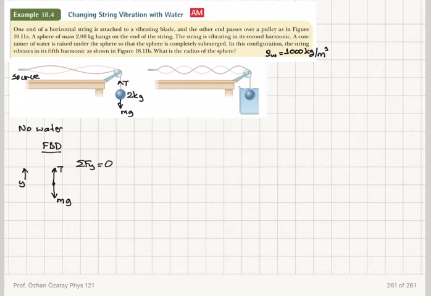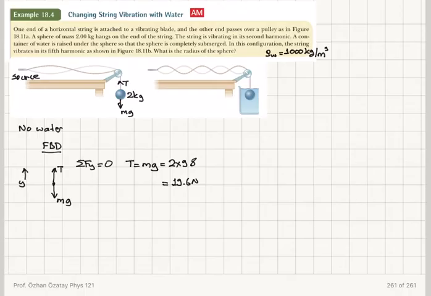So the net force on the y-axis must be equal to 0 because this is equilibrium. So the tension that we have on this string is mg and it is equal to 2 kilograms times 9.8 meters per second squared. So the tension is 19.6 newtons.